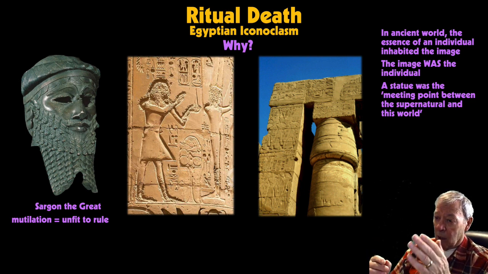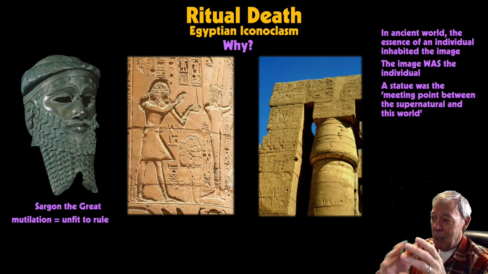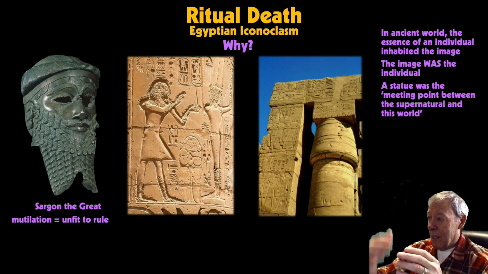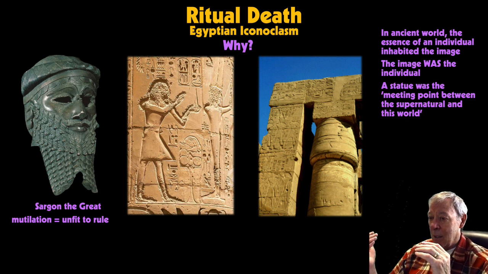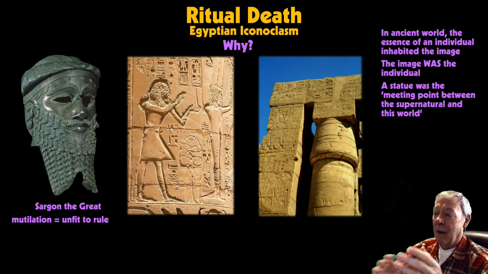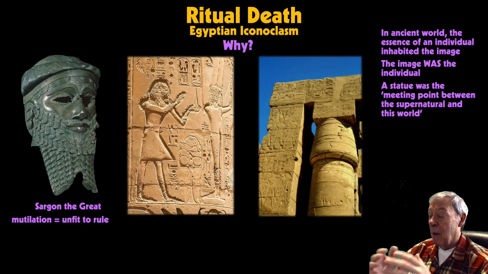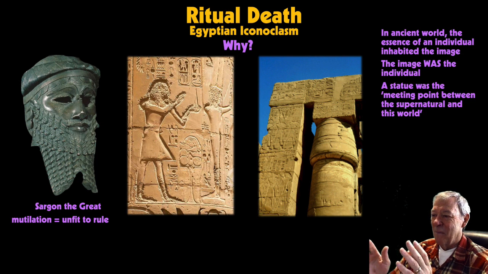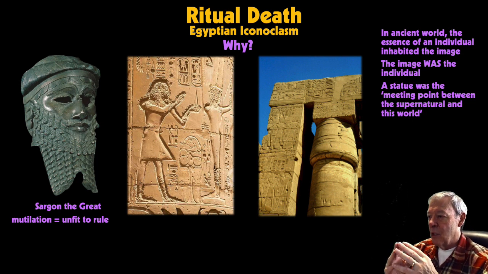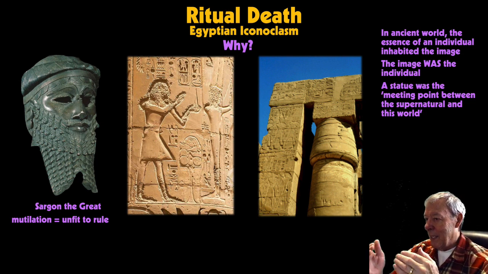And so in this particular case, keeping that in mind, as well as the statements on the right of the screen, why was this sort of thing perpetrated on the sculpture of Sargon after his death? Well, it must have been in order to prevent him from ruling where? In the afterlife.